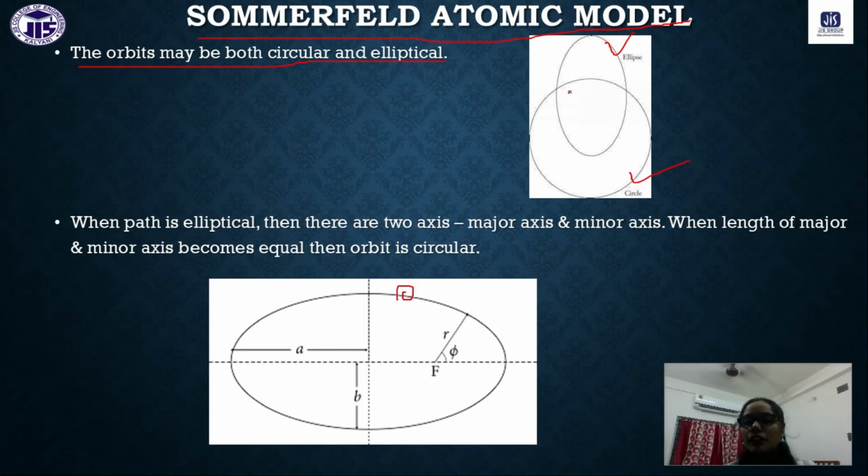But for a circular orbit, the radius is the same for all positions. But for an elliptical orbit, while the electron changes its path, both the position and the angular momentum change.